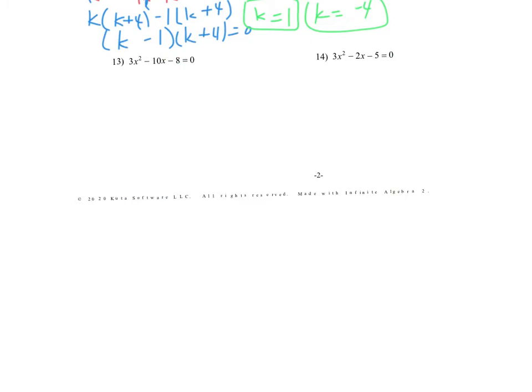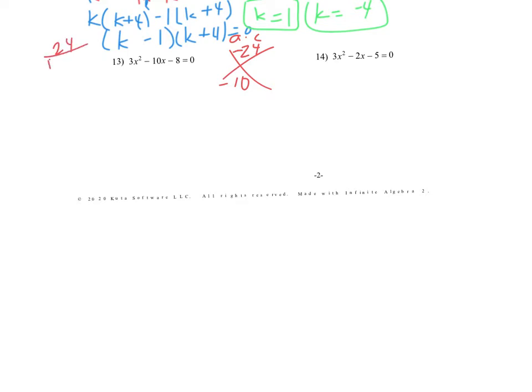All right, next up, some more factoring here, some more solving. So this one we already have one side to 0, so I'm just going to go ahead and build my x. So we have a times c up top is negative 24, since it's 3 times negative 8, and then negative 10 on bottom. So we need to think about here what multiplies to make 24.